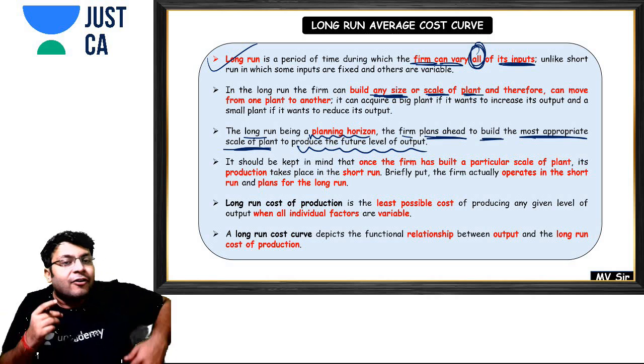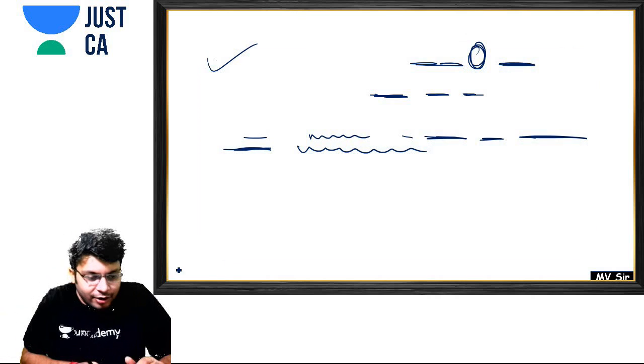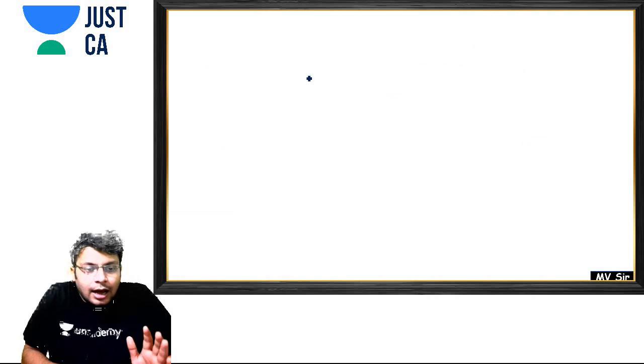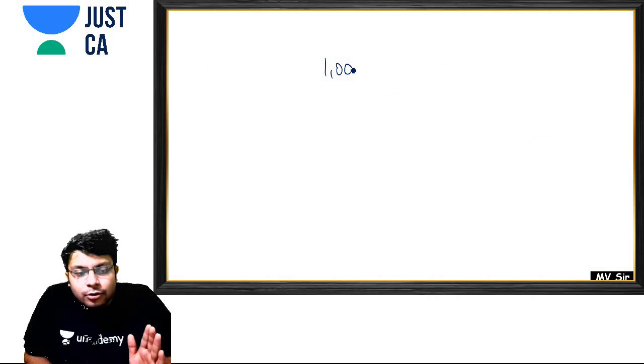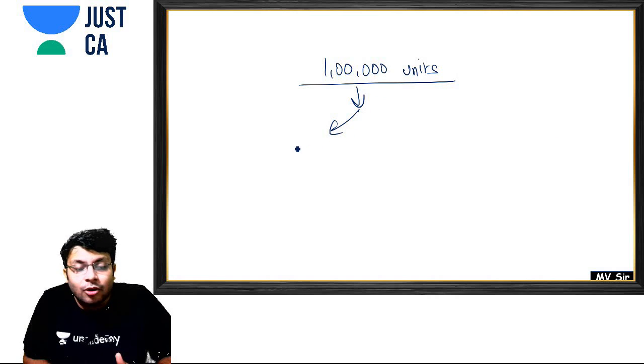Because, for example, now see, I'll give you an example. I have decided that I want to produce 1 lakh units, and for producing 1 lakh units I would require a plant size of, for example, 3000 square feet.